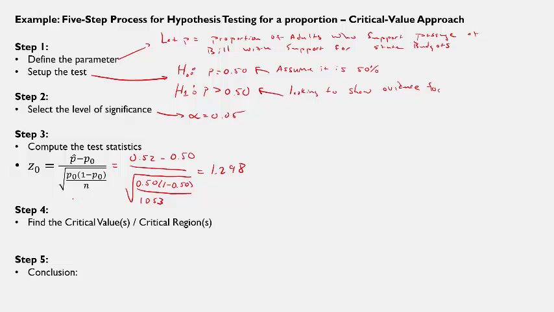Okay, so next we're going to find the critical value and critical region. It's a right-tailed test, so there's one critical value, and we're going to shade to the right. Looking back, here's what you do.